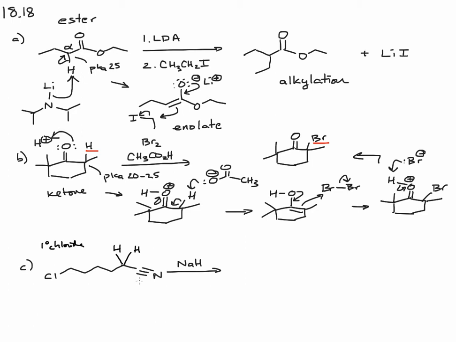It turns out that nitriles do that as well. And we've seen sodium hydride in the context of it being a strong base. So hydride is bearing a lone electron pair. It's negative. The alpha hydrogens here, let's call them a pKa in the range of 25 to 30.